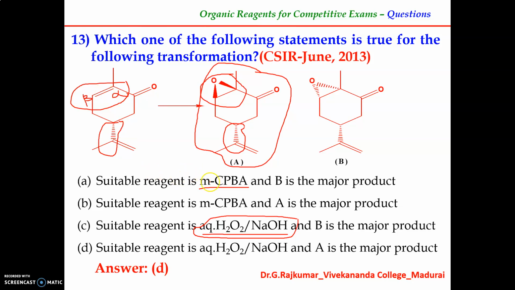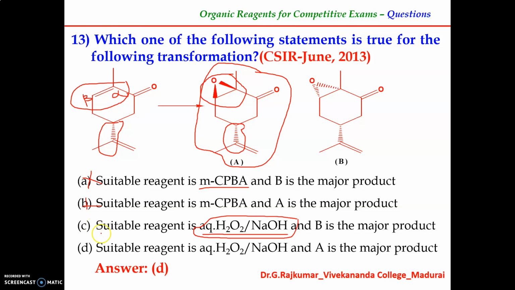And then aqueous hydrogen peroxide and sodium hydroxide, at alpha beta unsaturated positions, can be epoxidized. If I use metachloroperbenzoic acid, this epoxidation takes place at the isolated alkene, so it will not do anything with the alpha beta unsaturated position. So option A and B is not the correct one.